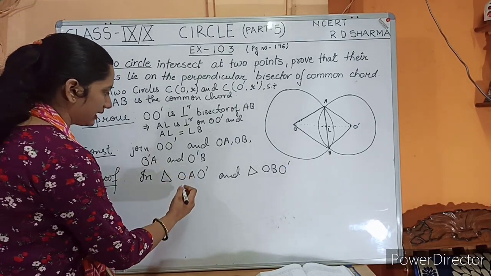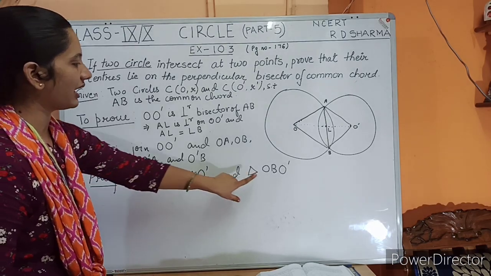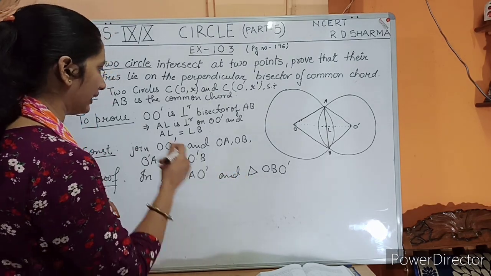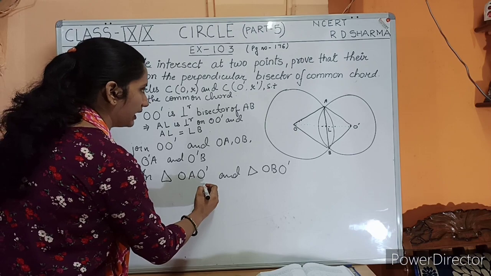Now let us see what the things are here. We need to prove these two triangles are congruent, and for that we will search for the conditions.